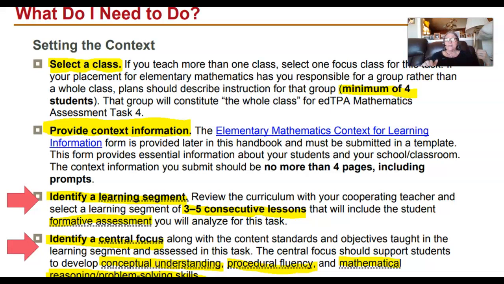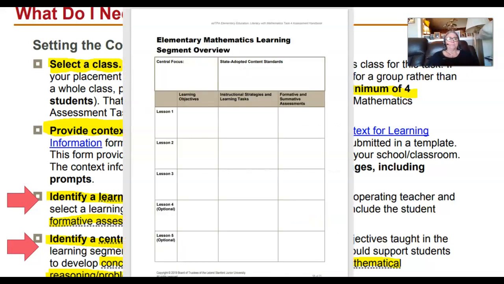And it is important and cannot be stated enough that you need to choose a learning segment where the students are learning new mathematical material. So this can't be a remedial lesson. It can't be a reteach or a re-engagement or anything because all of task 4 is about something getting taught for the first time, you assessing how they did, and then teaching a re-engagement lesson.